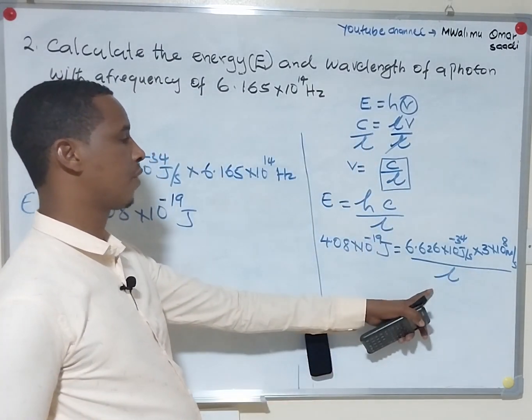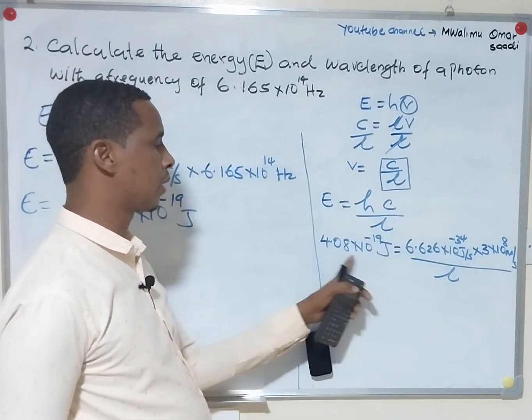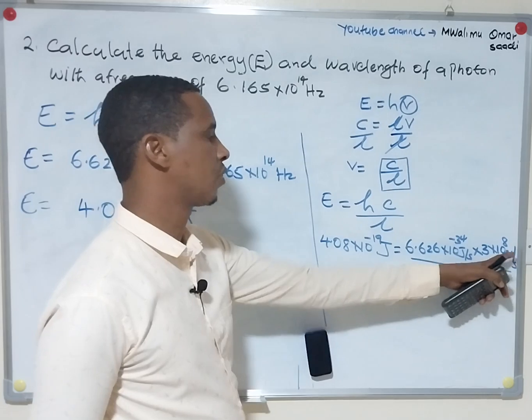So to get wavelength now, we multiply wavelength on this side, wavelength on that side.